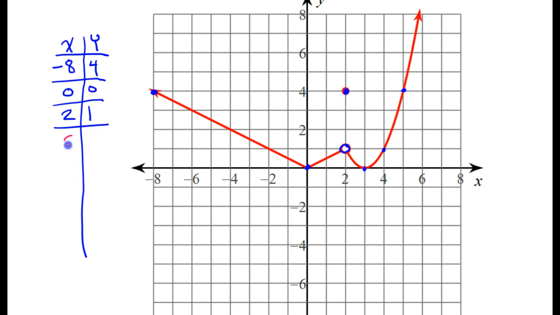I'm going to need that point. And then comes the parabola part. Okay, so I'm going to have 3, 0, 4, 1, and 5, 4.